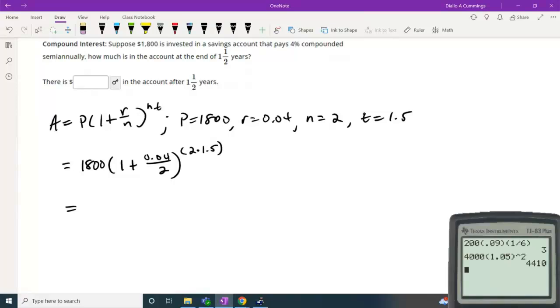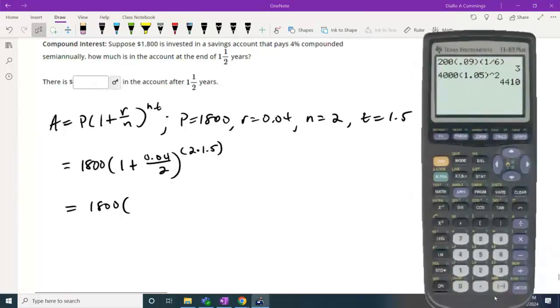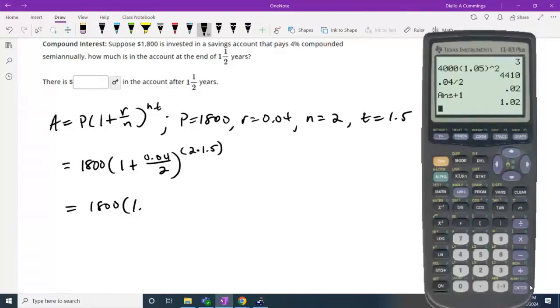Let me simplify this. 0.04 divided by 2 should be 0.02, right? And if I add 1 to that, I have 1.02.